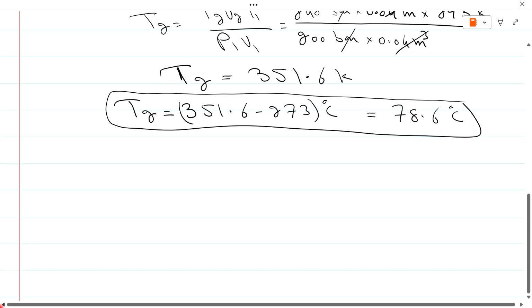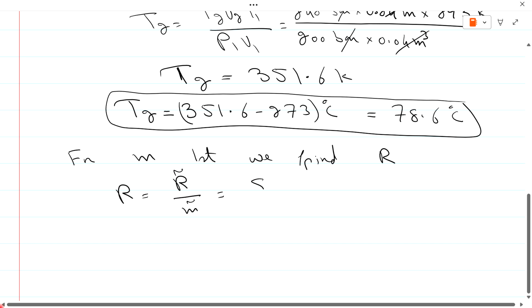Now find the mass. For the mass, first we find R, the ideal gas constant. As we know, R is equal to the molar gas constant divided by the molar mass. The value of the molar gas constant is 8.314 kilonewton meter per kilomole per Kelvin, and the value of molar mass given to us is 32 kilogram per kilomole.